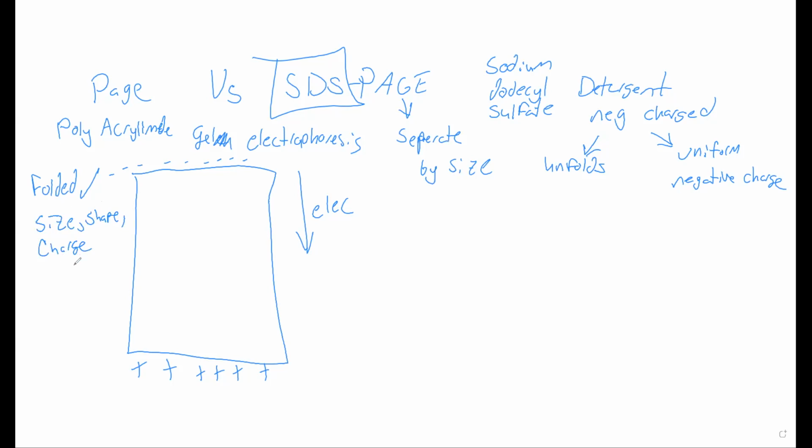So you might ask yourself, why would I do PAGE versus SDS-PAGE if I have so many variables? Well, with PAGE, you can actually run a sample through, and if you get a band, you can take a knife, extract that, remove the acrylamide, and you still have folded usable proteins.